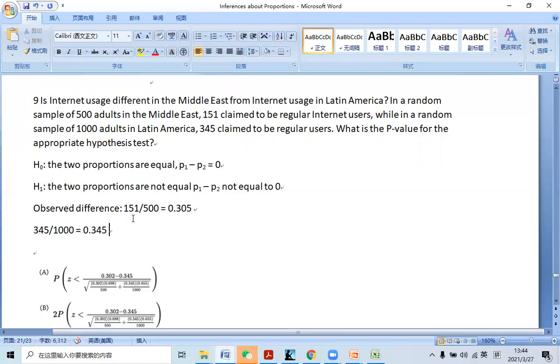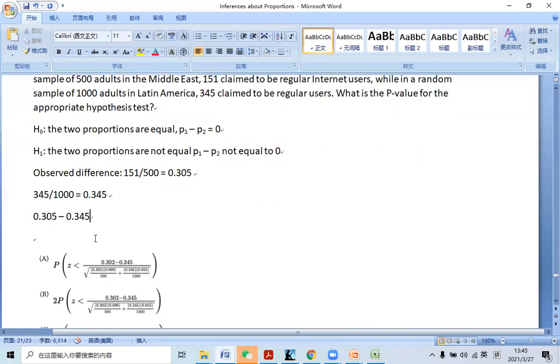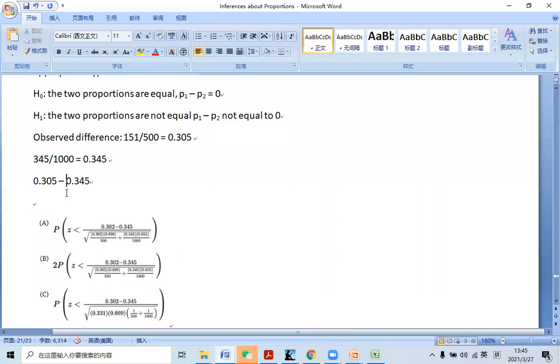So the difference is 0.305 minus 0.345. It seems Latin America has a slightly larger proportion of regular internet users, about a 4% difference. Is this 4% difference statistically significant?